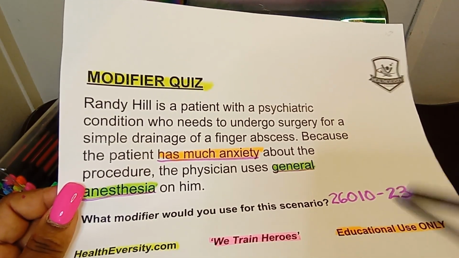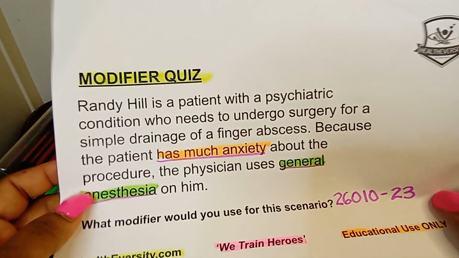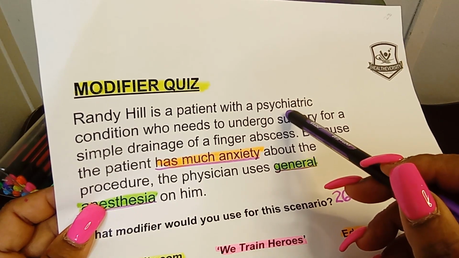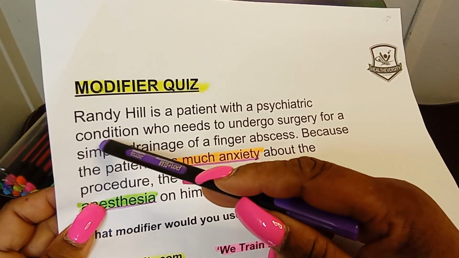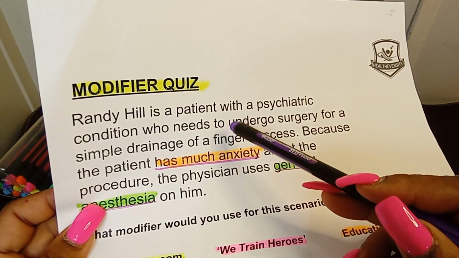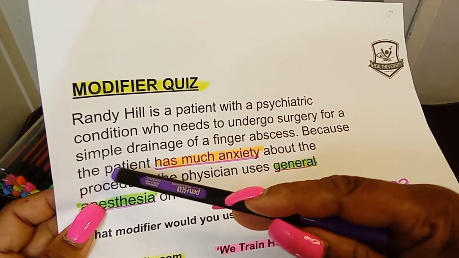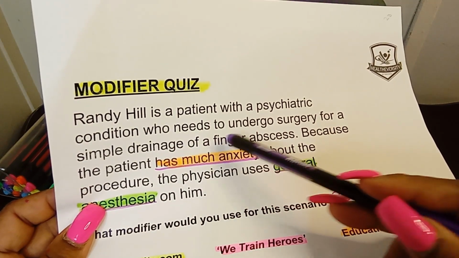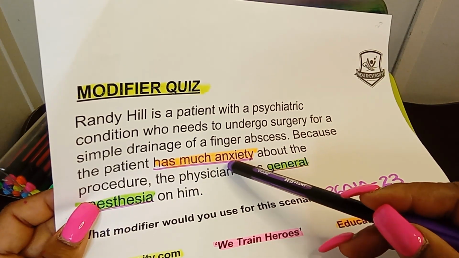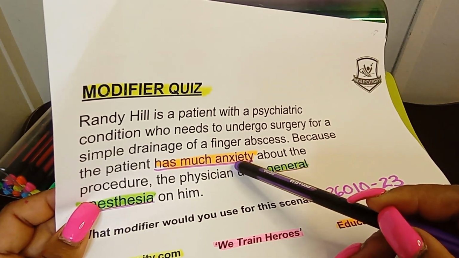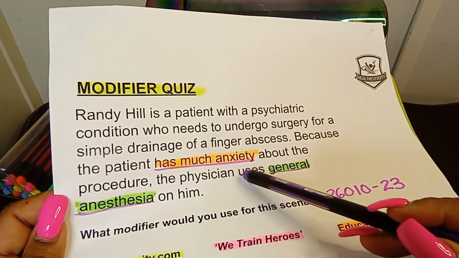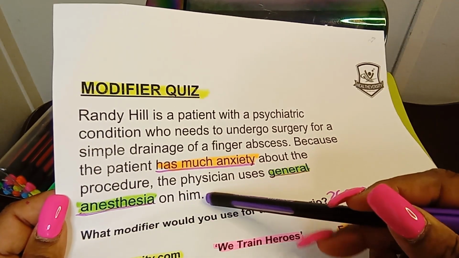Let's move on to an example. Here is a procedure code and how we appended modifier 23. Randy Hill is a patient with a psychiatric condition who needs to undergo surgery for a simple drainage of a finger abscess. Because the patient has much anxiety about the procedure, the physician uses general anesthesia on him.